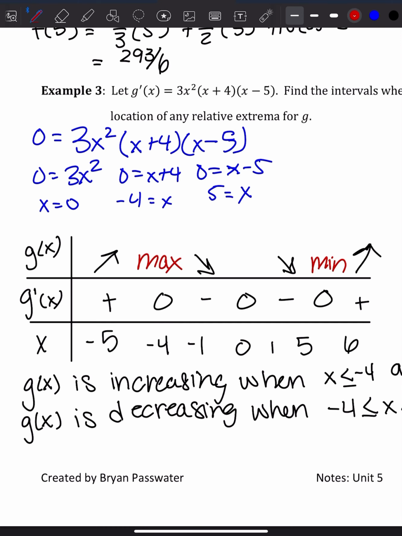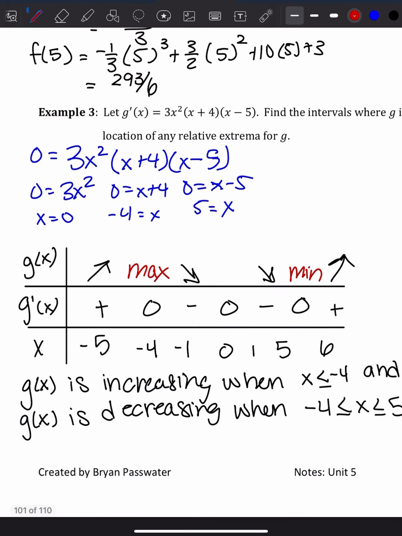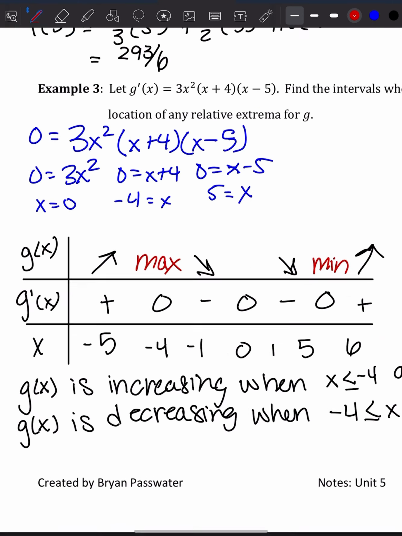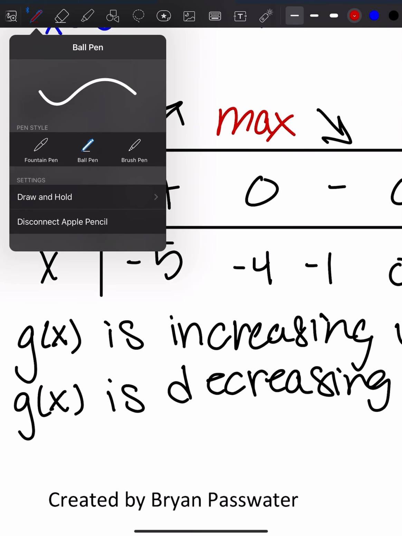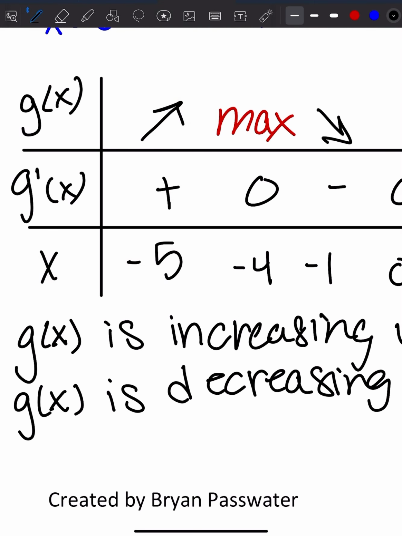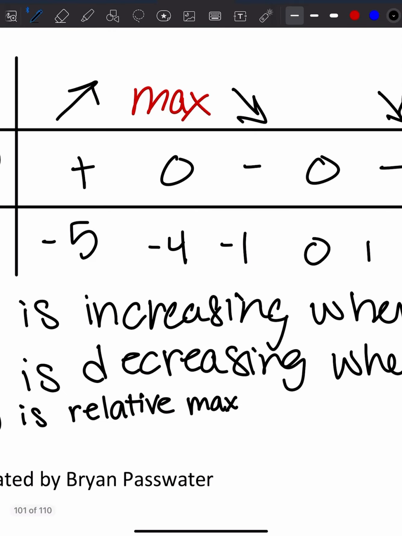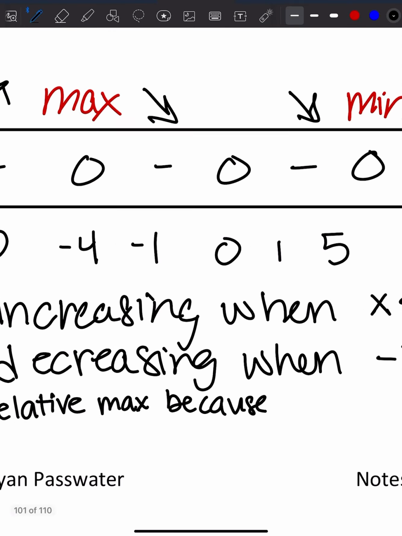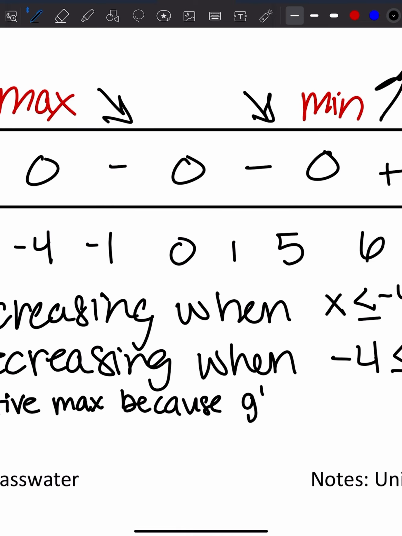So we have a relative maximum at negative 4 for x, so g of negative 4 is our relative max, because g prime of x changes from positive to negative.